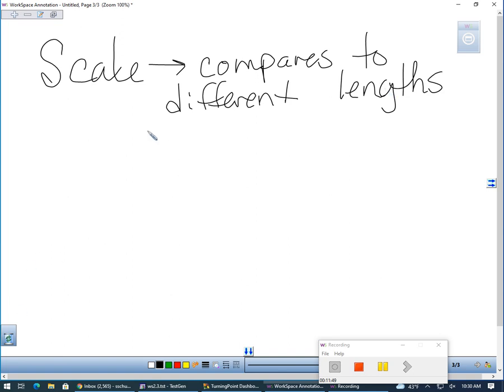We said, for example, 1 inch might be equal to 100 miles, right? That's a scale. Sometimes they use them on the side of model cars, right? Because that's a scale to a big car. And they make a comparison. So we're going to use this scale to find other things. So let's say I have the scale 1 inch equals 100 miles.